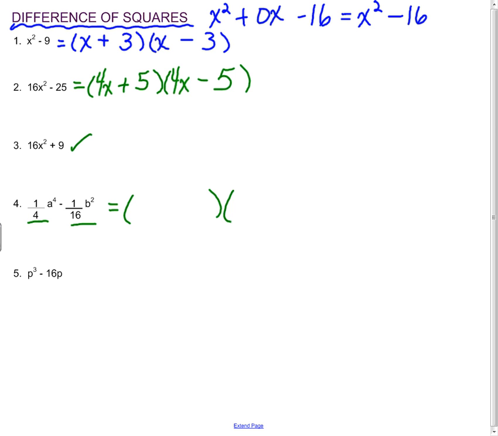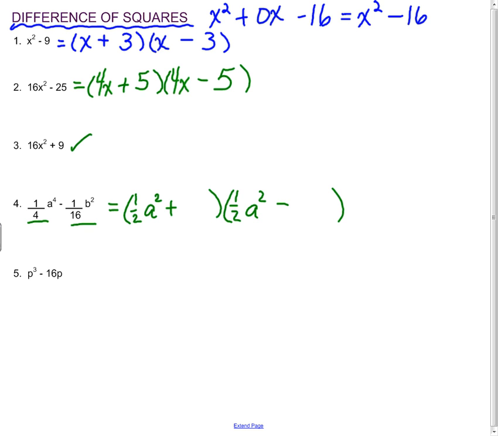So we have two brackets that will look identical, except one will have a positive and one will have a negative. At the front half of the brackets, we want something that gives us, let's do the numbers first, a quarter. So I'm going to put a half and a half in each bracket. I want a to the fourth, so I'm going to put a squared, a squared.